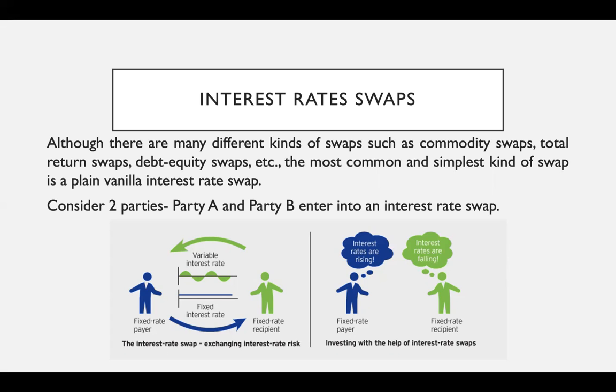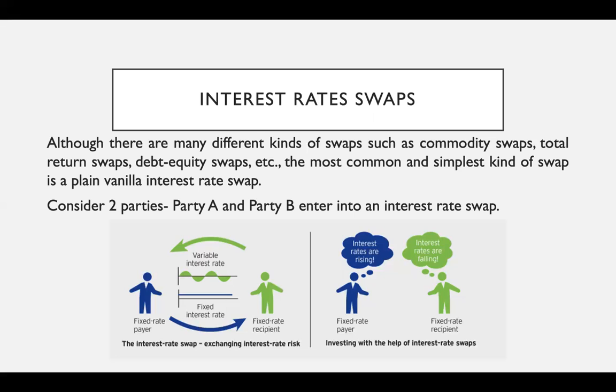In return, party B would agree to pay party A a floating rate of interest for the same notional value and time period. So the parties know from the beginning that they're not going to be exchanging the other party's debt obligation. The only thing they do is swap interest rate payments.